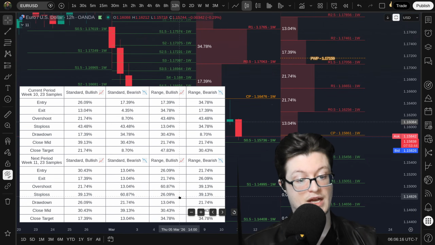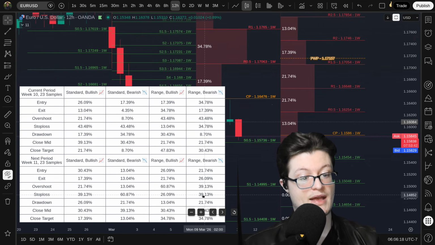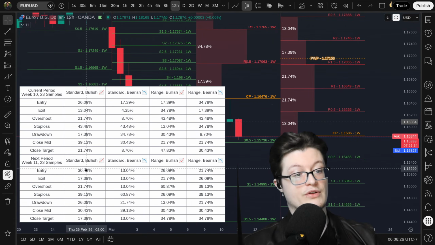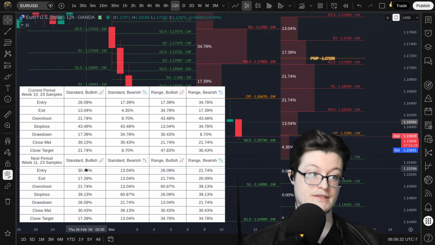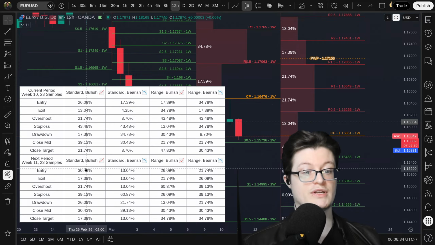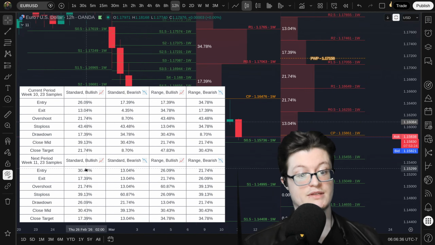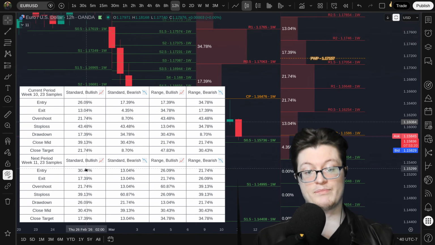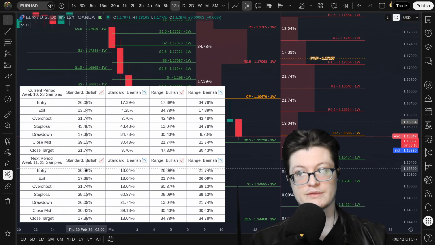Range bullish hits its stop 26% of the time, and range bearish hits its stop 39% of the time. So it seems like seasonally for next week on EUR/USD, the odds are in favor of the standard bullish and the range bullish biases not getting stopped out, versus the bearish versions of the same bias.